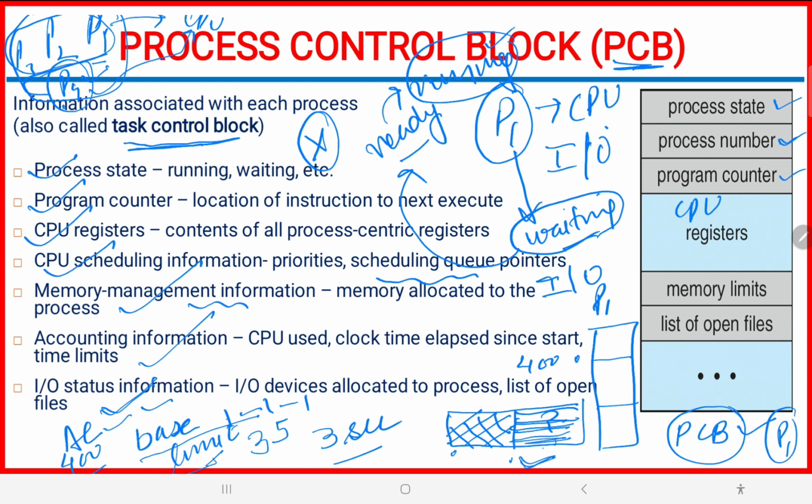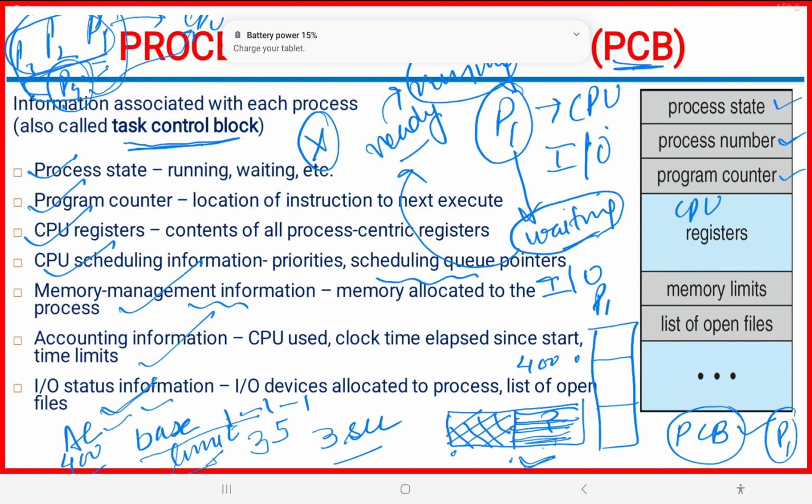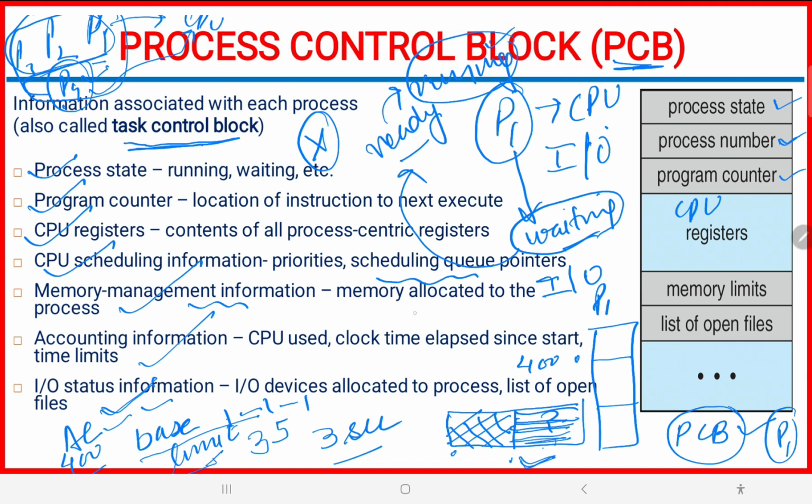Now there's one more scenario. When an interrupt occurs, the information available in the PCB must be saved. For example, suppose process P0 was executing, and P1, P2 and P3 were in the waiting state. P0 was executing, that means it was with the CPU. All of a sudden process P4 came, and this process was of the highest priority.